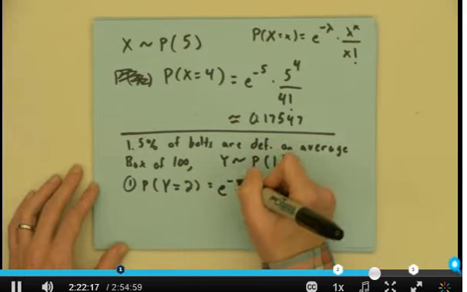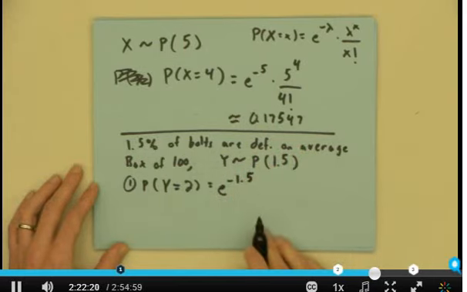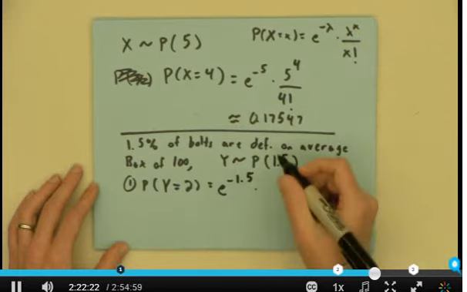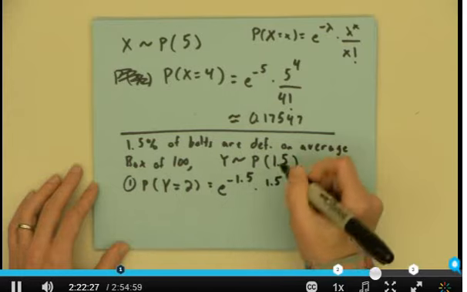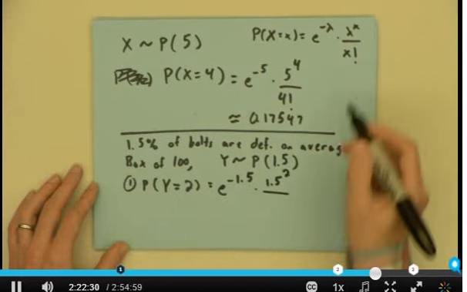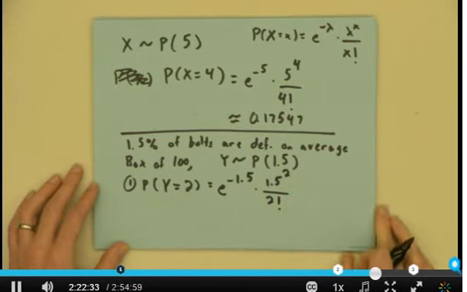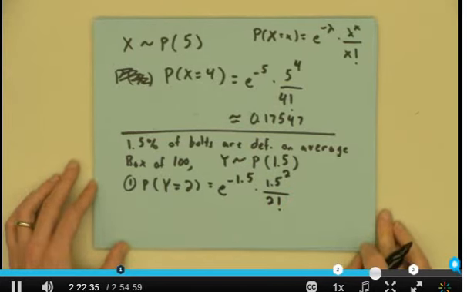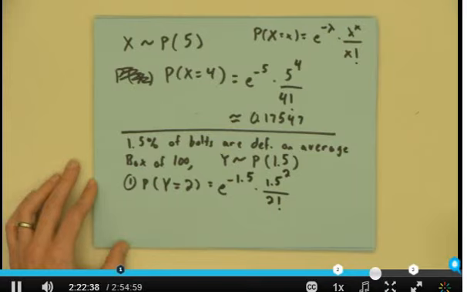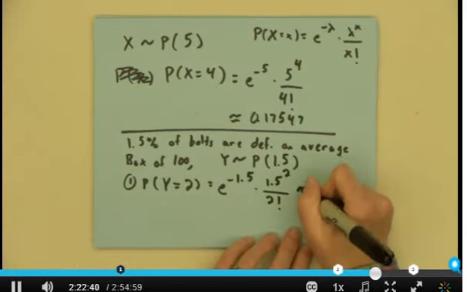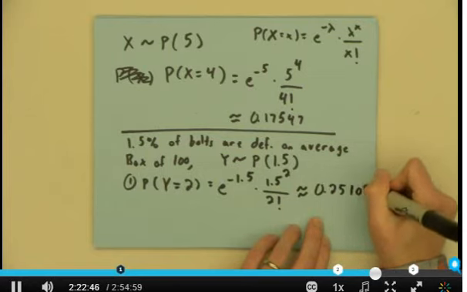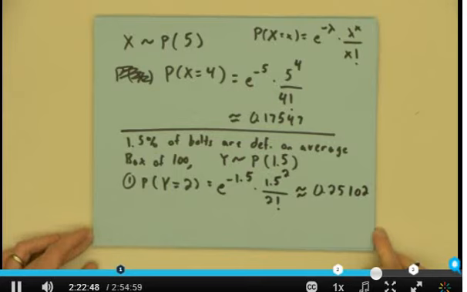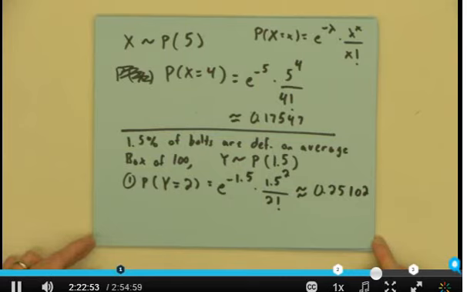So here that's e to the minus 1.5 times lambda to the variable value, 1.5 to the second, over the variable value factorial. And if you compute that, it's about 0.25102, 25% chance that I'll see exactly 2 defective bolts out of 100.